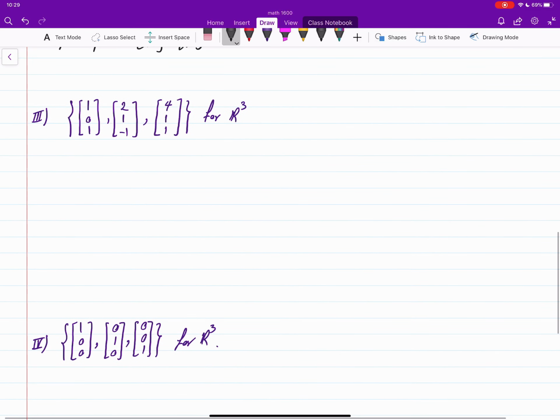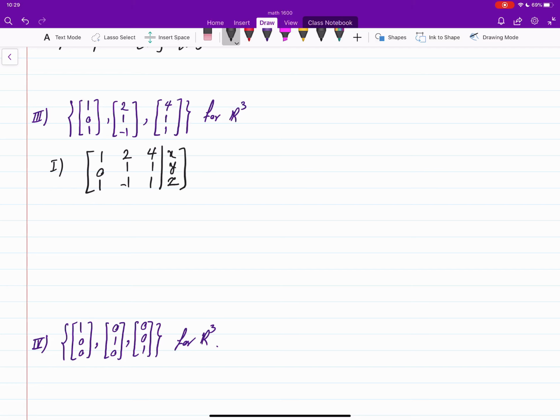How about this one? We can start always by doing one of these. I want to see for which x, y, z this system has a solution, or is consistent.